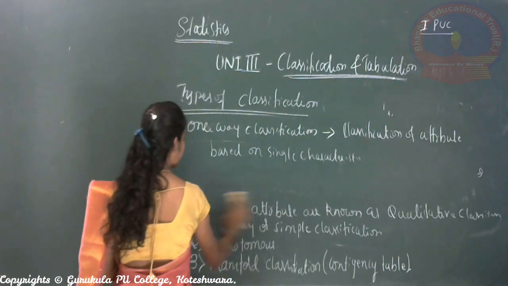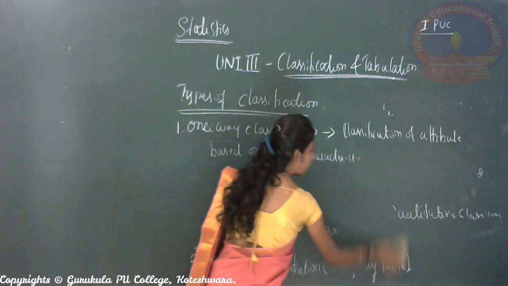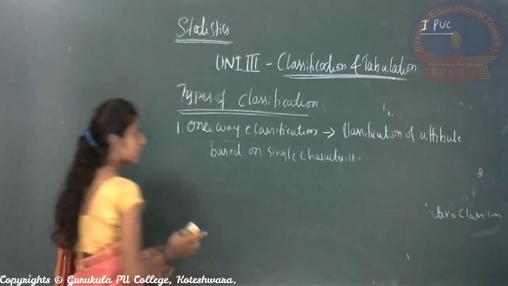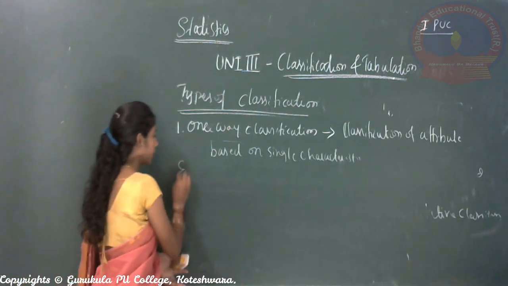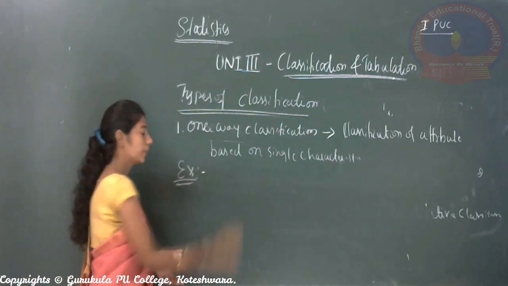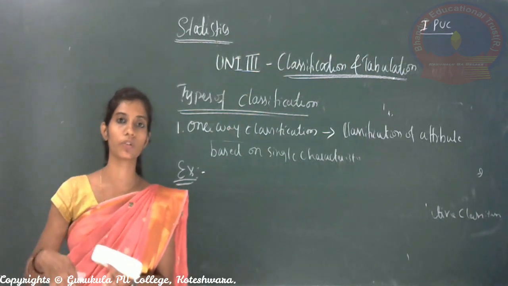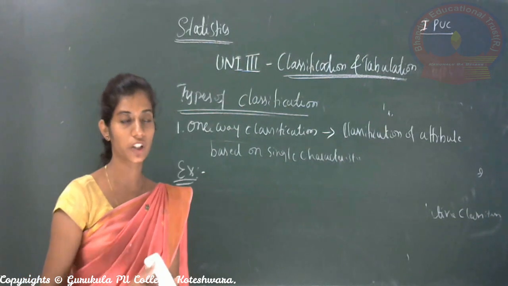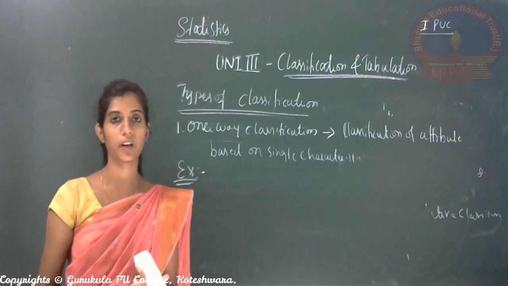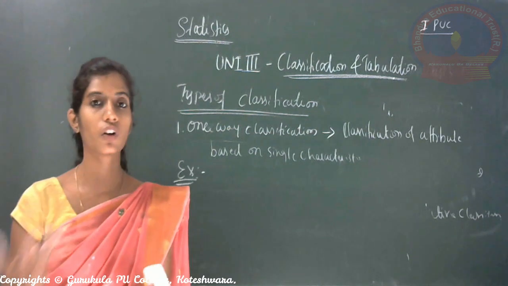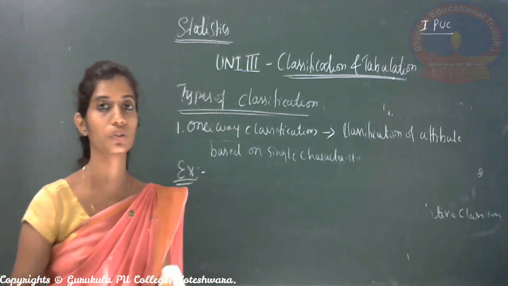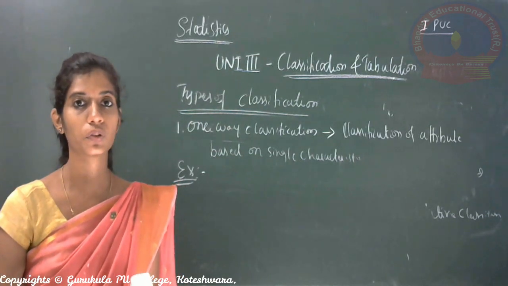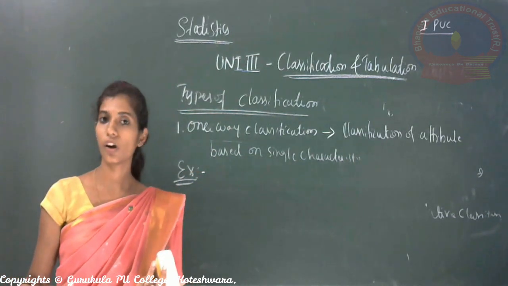You can take any one characteristic, and depending upon that you make the classification. For example, in a particular locality, we want to know how many residents there are depending upon their occupation. In a locality there will be people with different occupations: teachers, doctors, or businessmen. All these are different occupations.